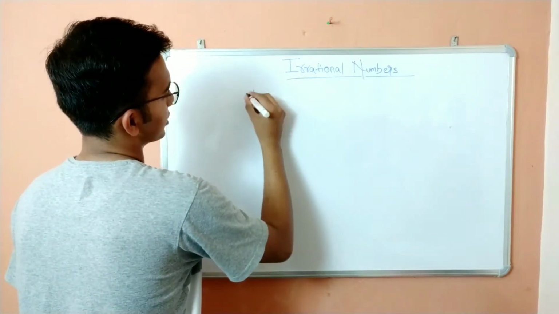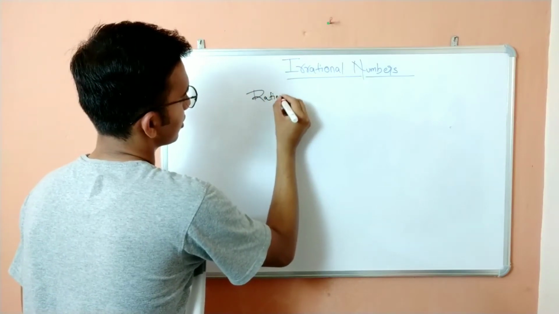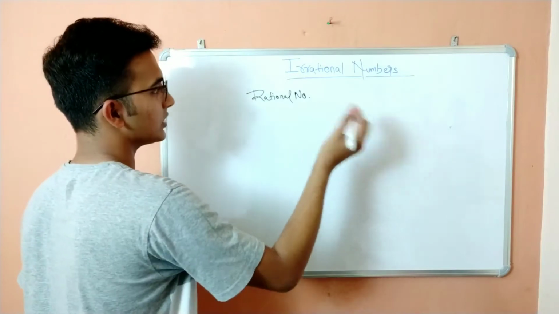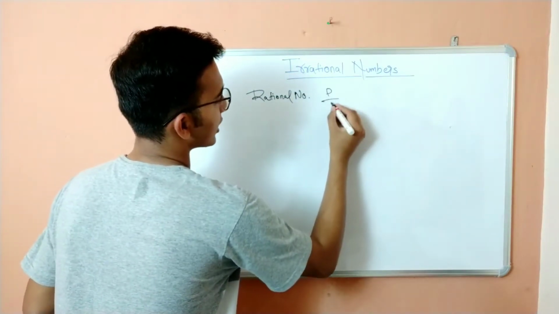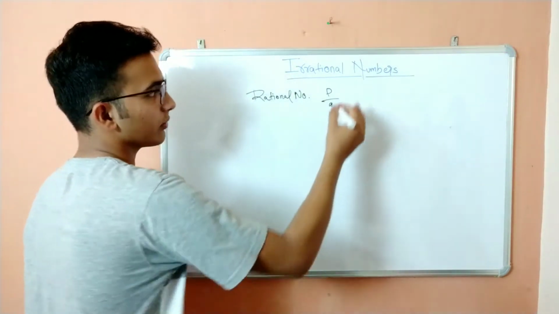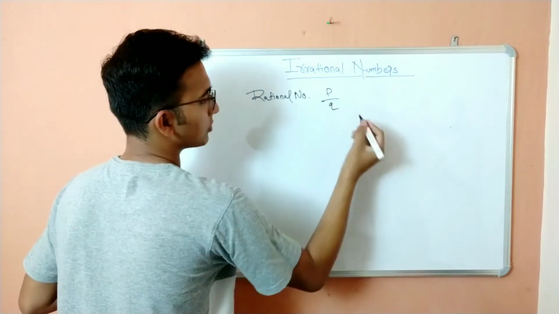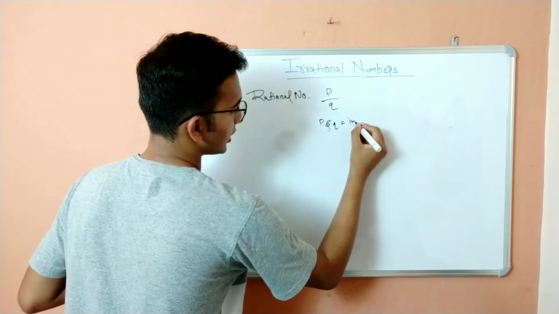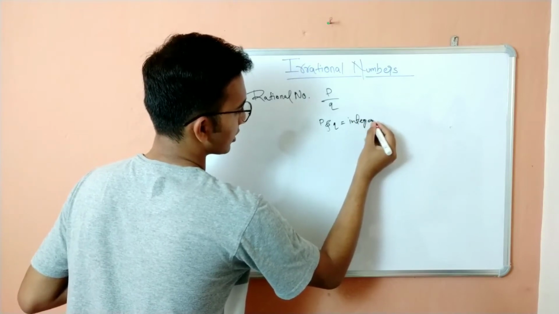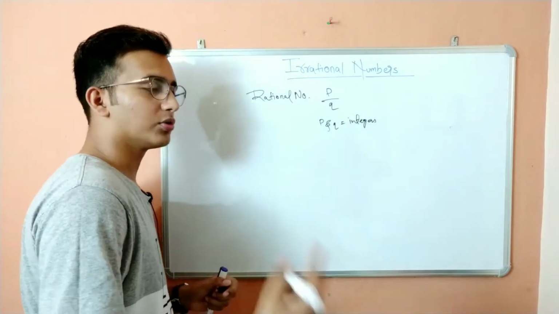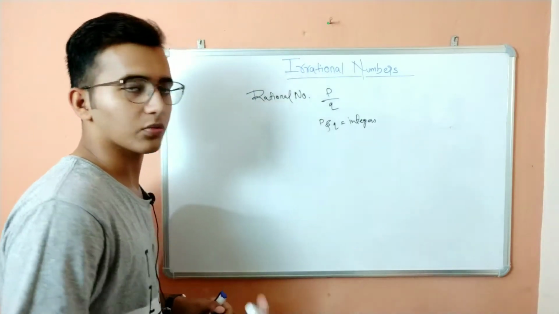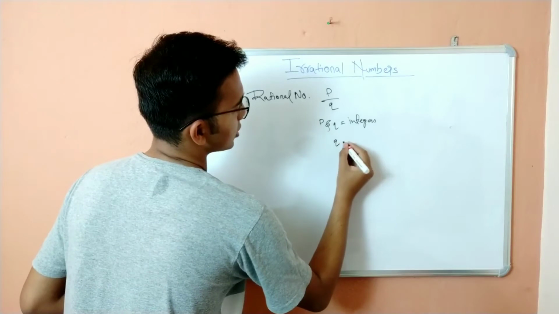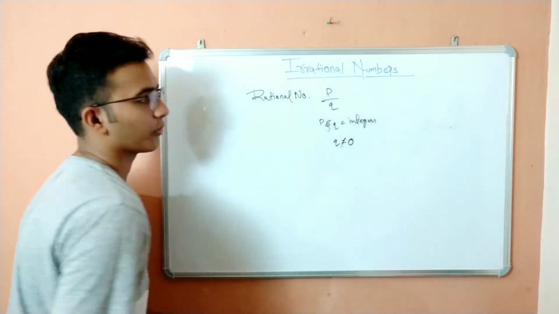Rational numbers are in the form p by q, where p and q both belong to integers. That means they are either 1, 2, 3, 4 or -1, -2. And q is not equal to 0.